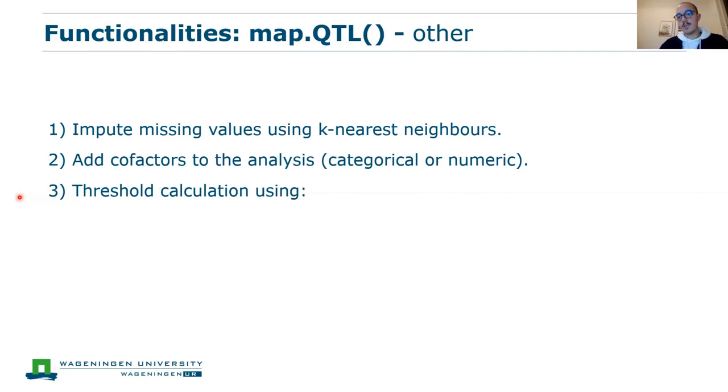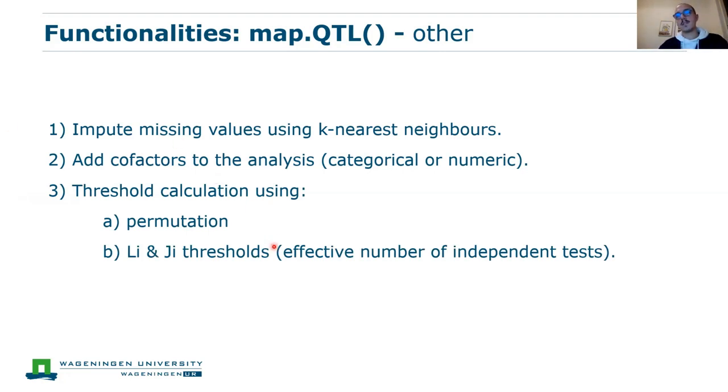And you can also calculate the significance threshold either using a permutation approach, which takes forever, but if you really want to be extremely accurate, that's the best method. Or you can do an estimation with the Li and Ji method, which basically just checks the number of effective independent tests and then gives you an estimate. This works pretty well, and it's much faster, in my experience. So that's about it for the mapping functionality.